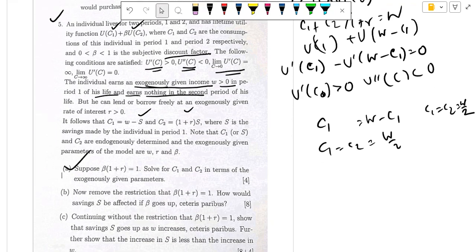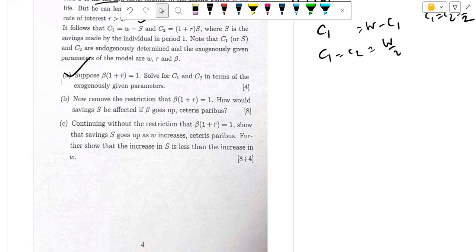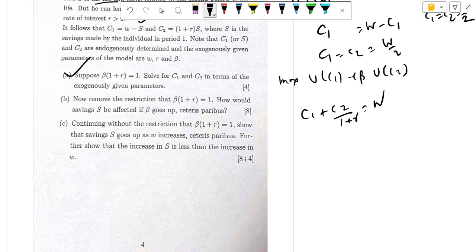Next, now remove the restriction on beta and (1 plus r), and see how the savings would change. So the optimization problem will now become: maximize u(c1) plus beta u(c2) subject to c1 plus c2 over (1 plus r) equal to w.